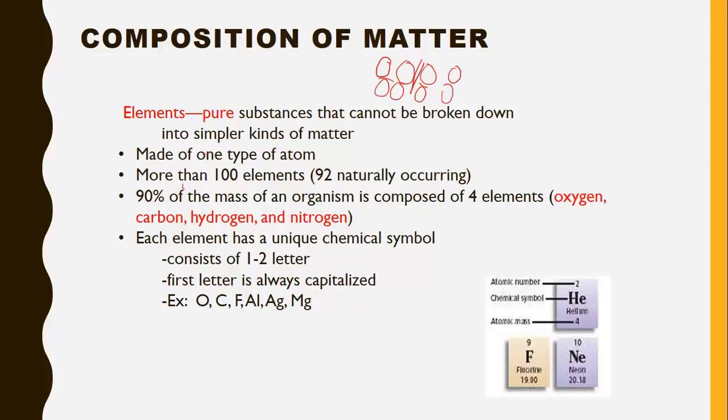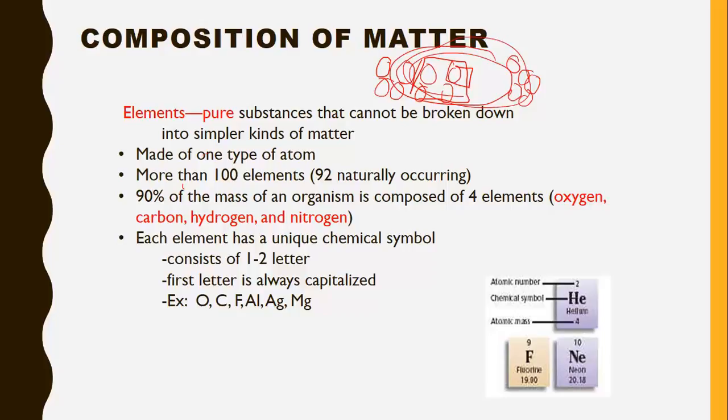If I took this section, it's still the same type of element. So this element will have the same properties as this. And what they're saying is that it cannot be broken down into something different. So even if I took this little atom, all of these still have the same properties. It doesn't matter how small I break down an element, the properties do not change.